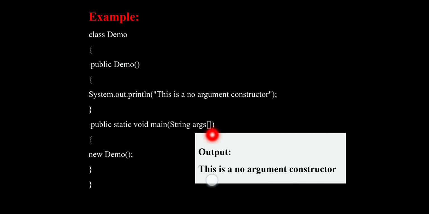The final output printed is "This is no argument constructor". We call this constructor with the help of the new keyword, and it printed this output statement. This is the simple example for the default constructor.